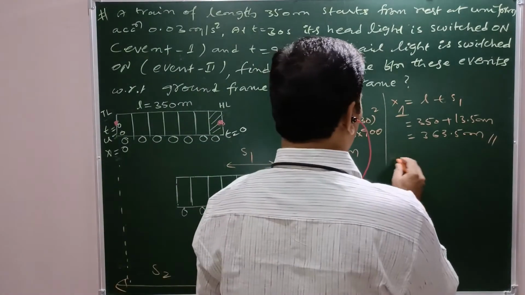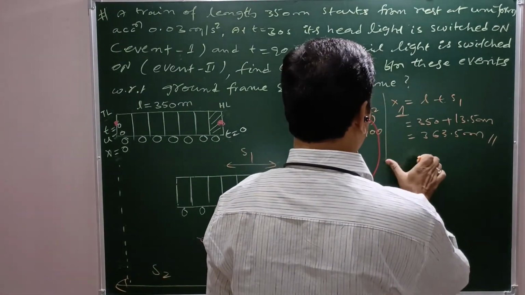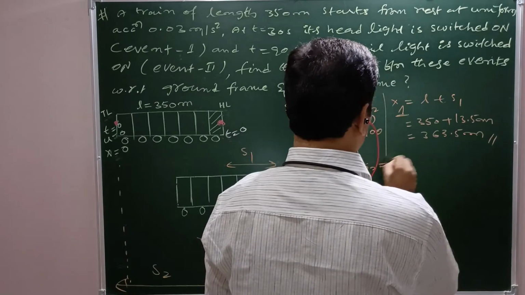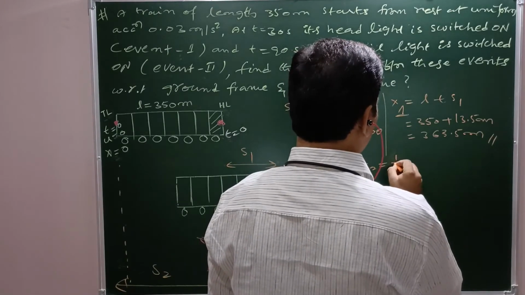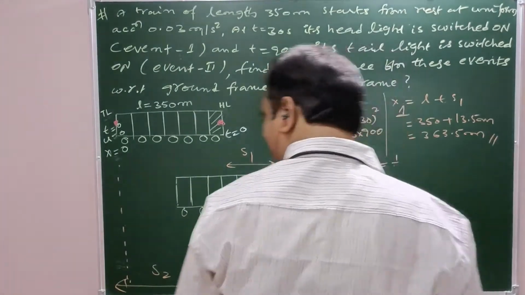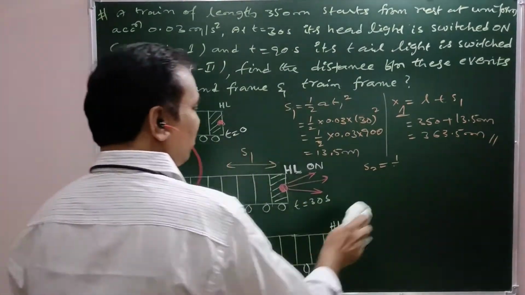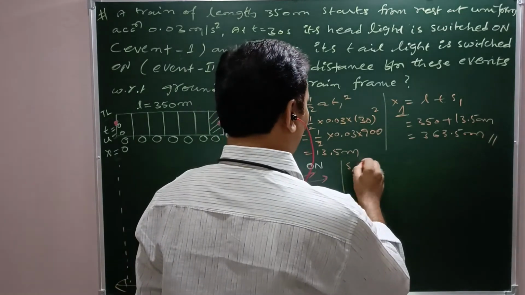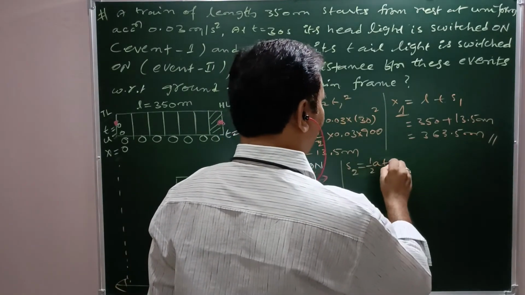What about S2? S2 equals half A T2 square.